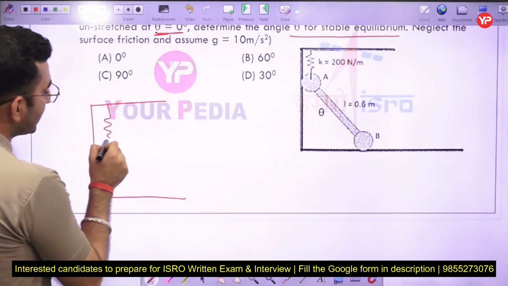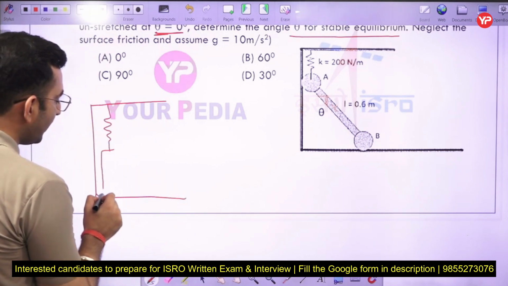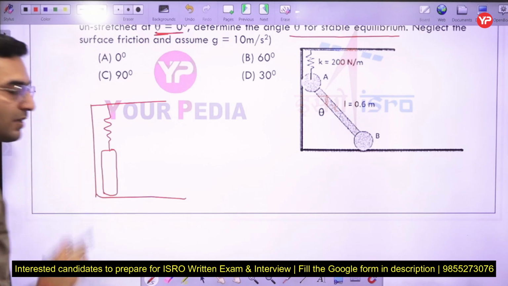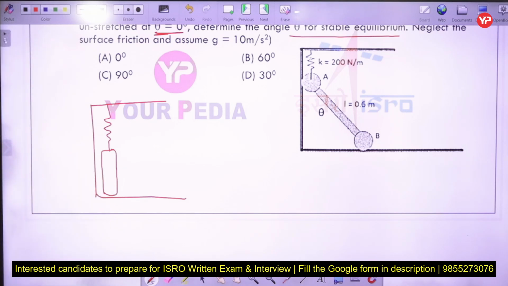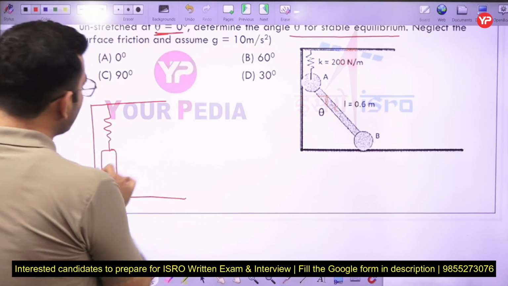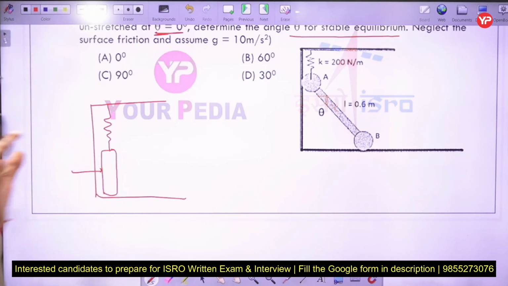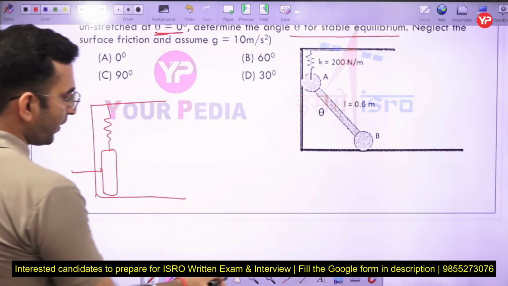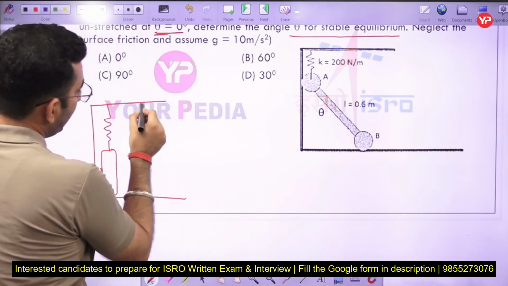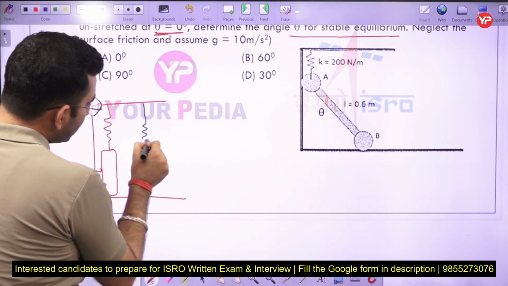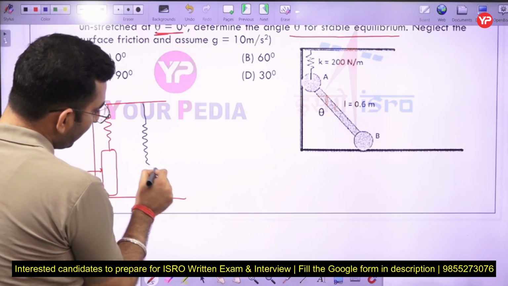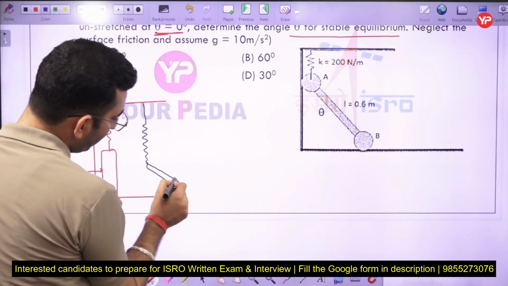So here we have a spring, and initially the body is something like that. Now you are displacing the system, disturbing the system, due to which the spring will get stretched by some distance like this, and the link will become like this.